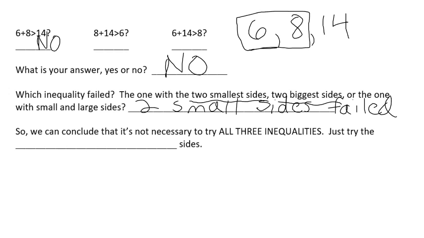So if it's going to fail, that's where it's going to fail. So it's not necessary to do all three inequalities. We can just try the two smallest sides. Because if that pair is a yes, then the other two pairs are going to be a yes. But if the two smallest sides are a no, then it doesn't matter what happens to the other two.